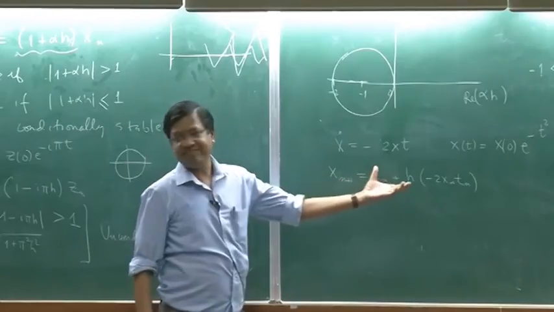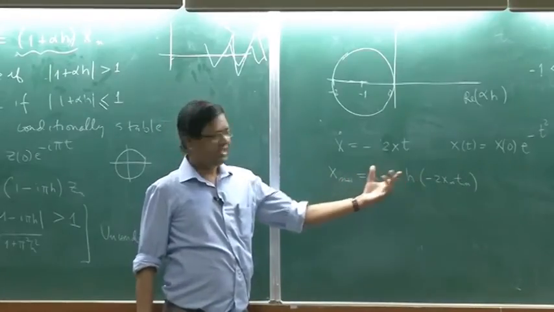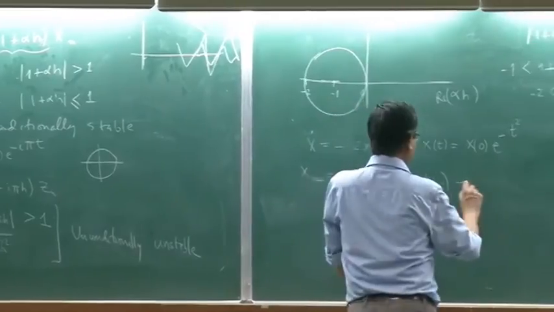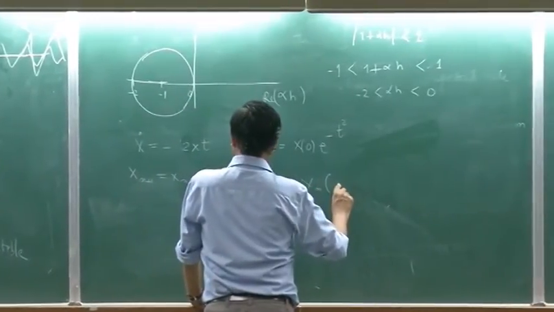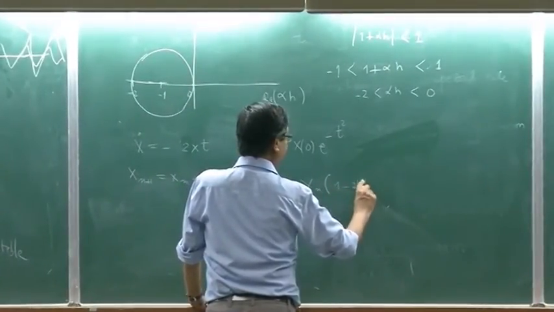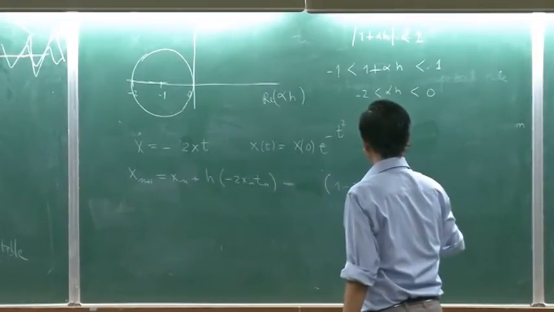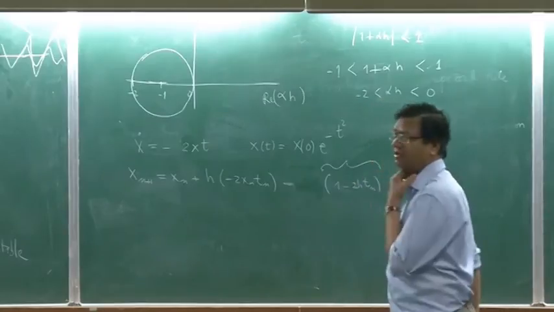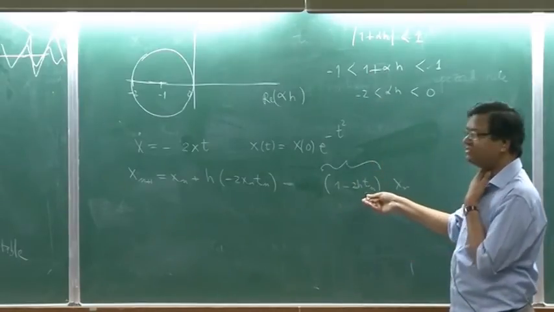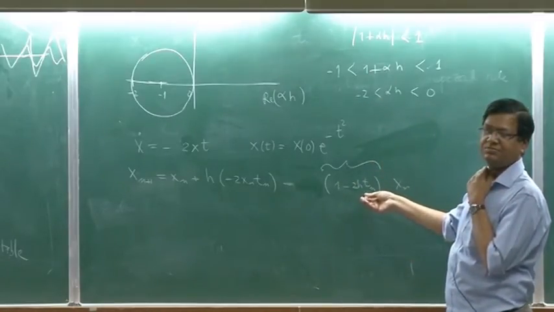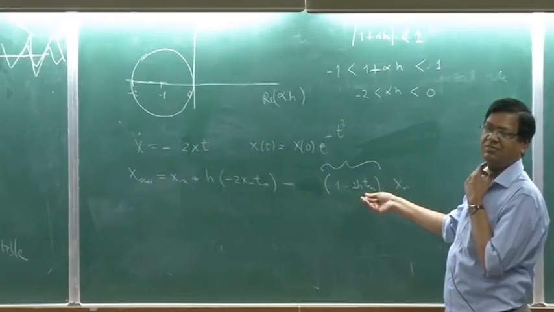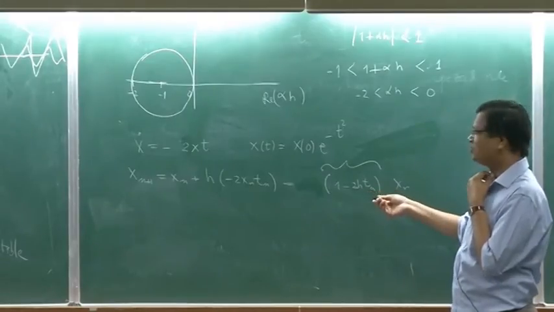So, h times f is this. So, this is going to be xn times (1 minus 2 h tn). Now, if I write it this way, to demand stability this must be less than 1 in modulus. Now, is it always true?